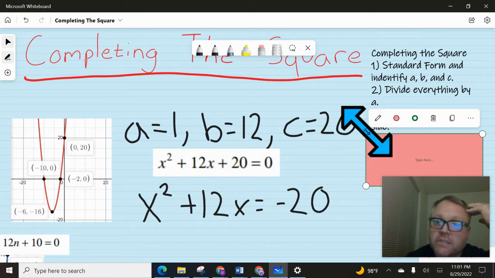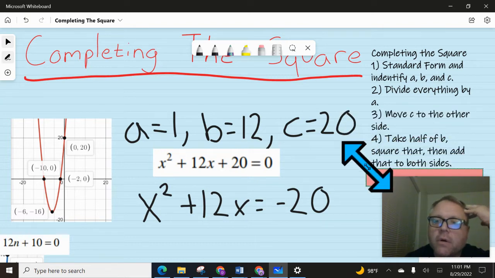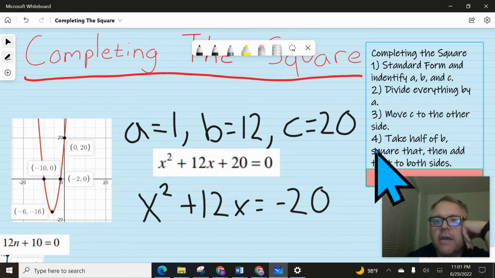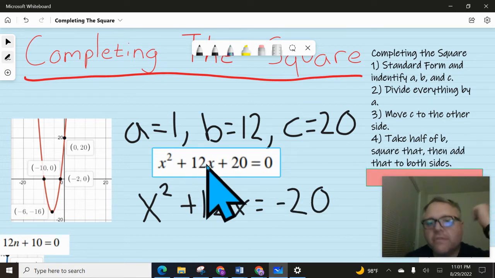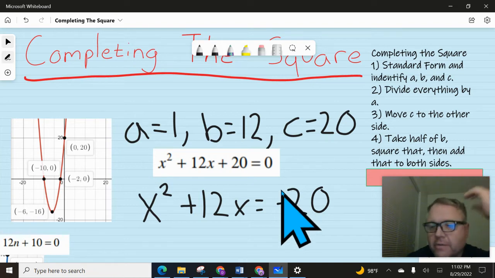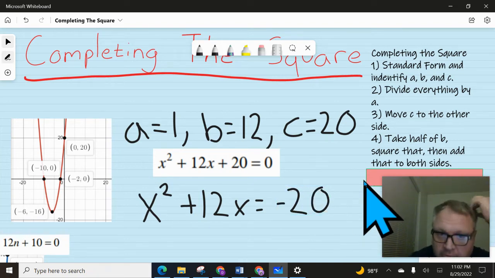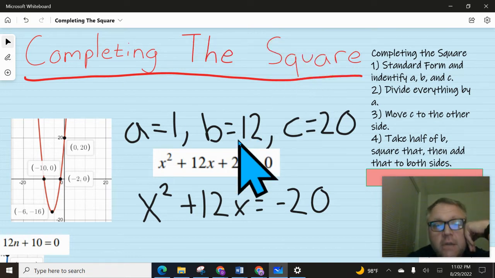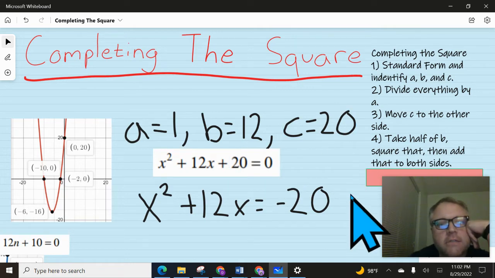Next step, and this is where the magic really happens for completing the square. This is what makes it a square. Take half of b. So whatever number is in front of x, I'm going to cut that in half. I'm going to square it, or multiply it by itself, or give it an exponent of 2. These are all the same thing. I'm going to add that to both sides. Well, b is 12, and half of that is 6. 6 squared is 36.